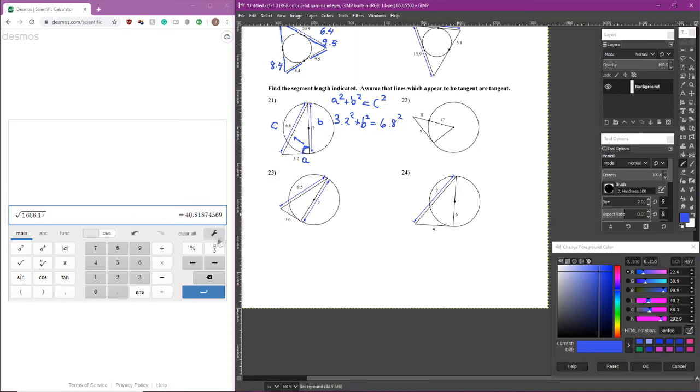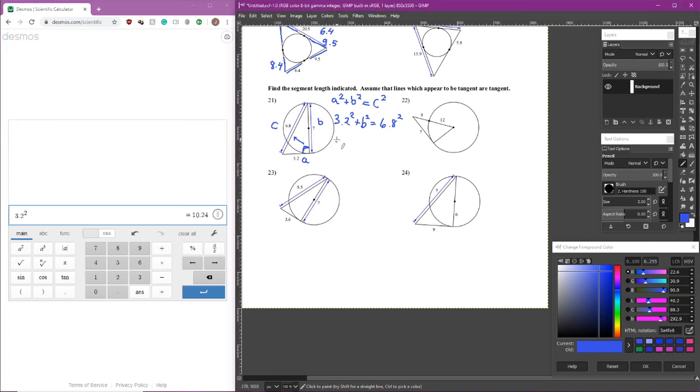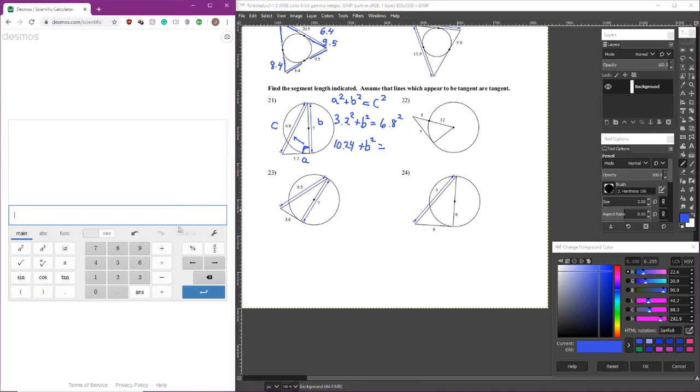Okay, coming over to our calculator, let's figure out what 3.2 squared is, and that's 10.24. And then we also need to figure out what 6.8 squared is, and that's 46.24.